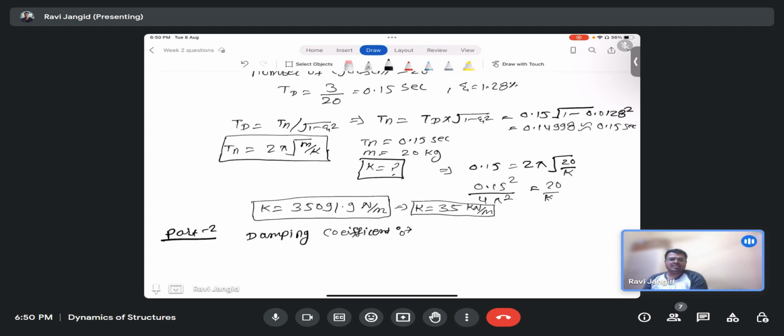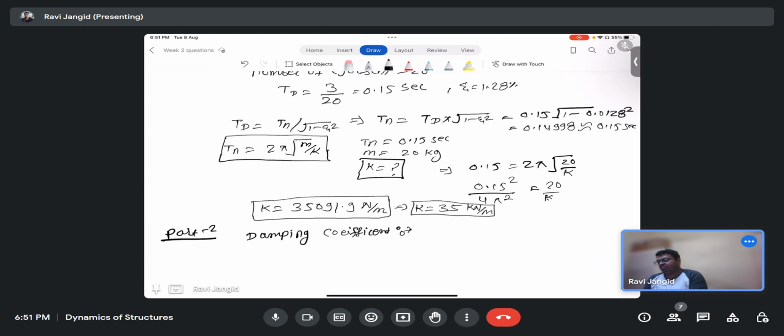So can you tell me what is the expression for the damping coefficient? C by 2m omega n, or C by 2 by omega n, 2k by omega n.